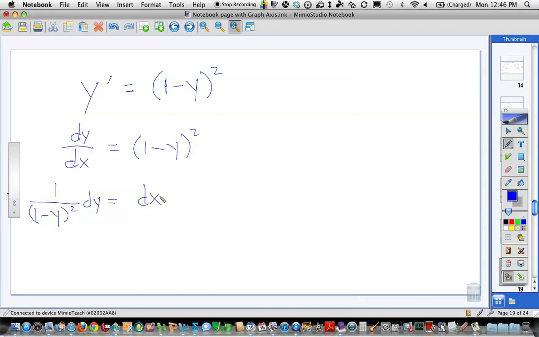Now, obviously, the first step is to properly separate things, right? Properly separate. How will you get these y's over with those y's on the other left side? Anybody got a thought what they're going to do here?